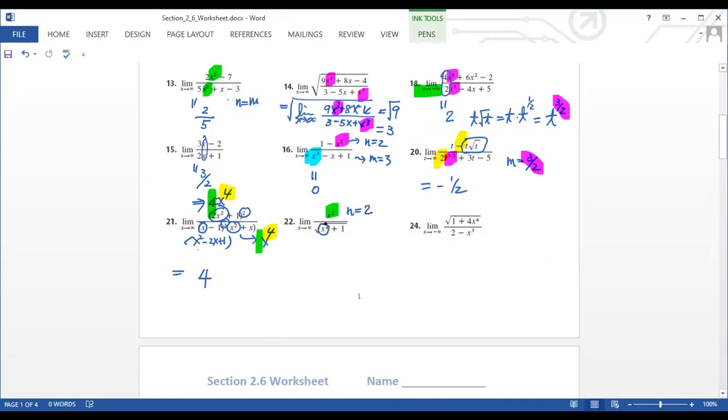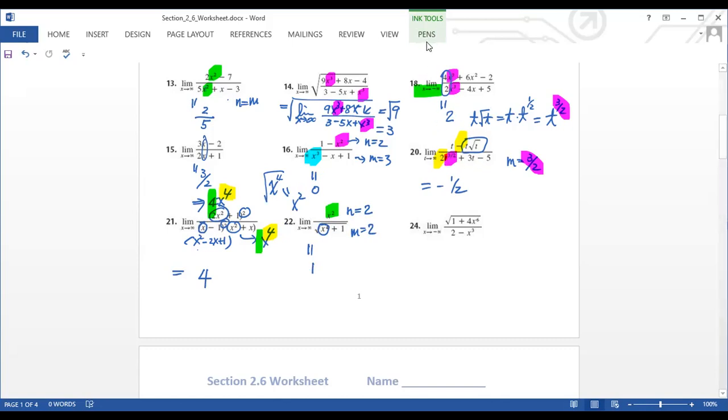And this one here is x to the 4th, then you take the square root. What does this turn out to be? x squared, because we know the 1 doesn't matter in the denominator. So n is equal to 2 also. Now both the top and the bottom have the same exponents. So what is this limit? This limit is 1.